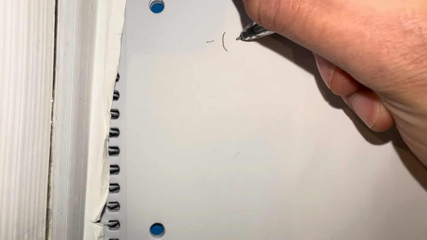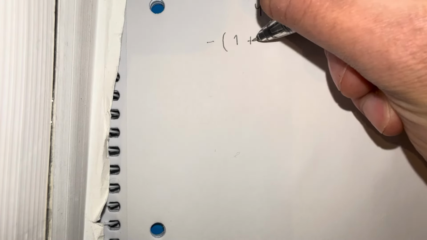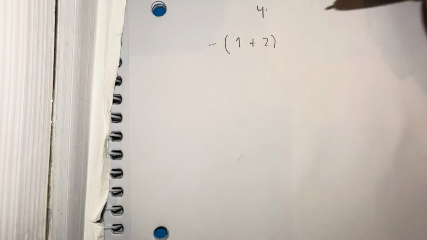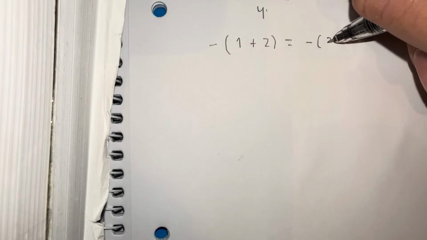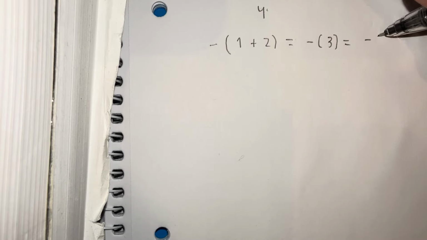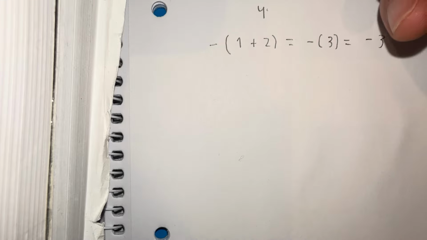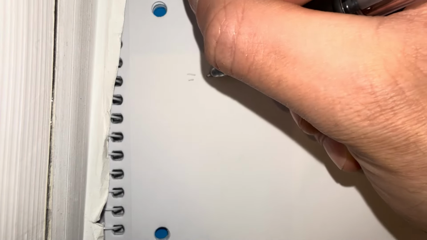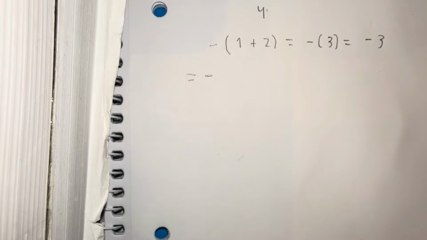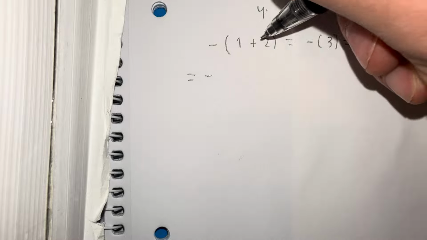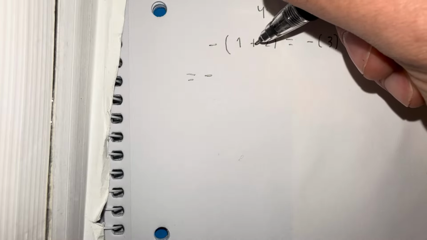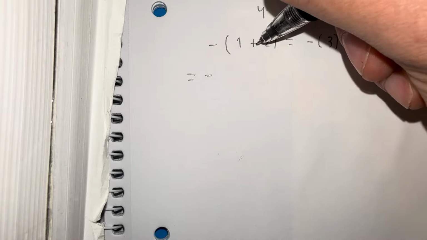Negative, 1 plus 2. Sure, you can calculate the inside, 3, which is equal to negative 3. But you can also do it this way. Open the parentheses without doing the calculation inside. This negative sign here means that any sign which is inside the parentheses will be flipped.